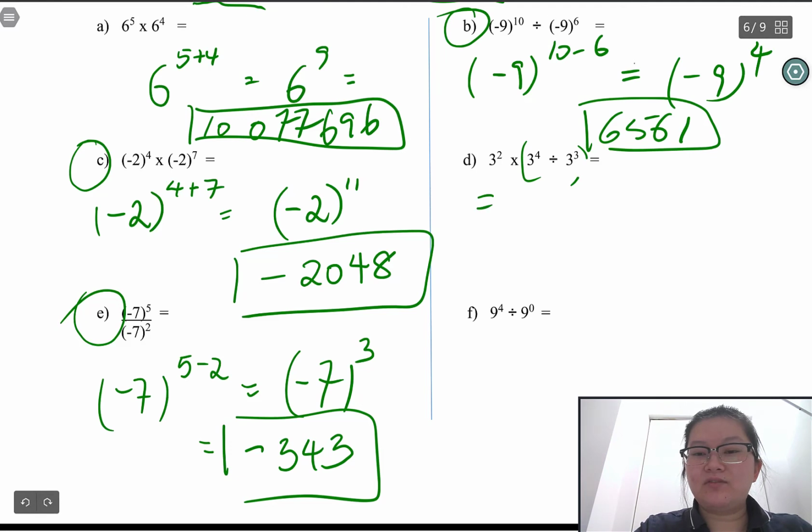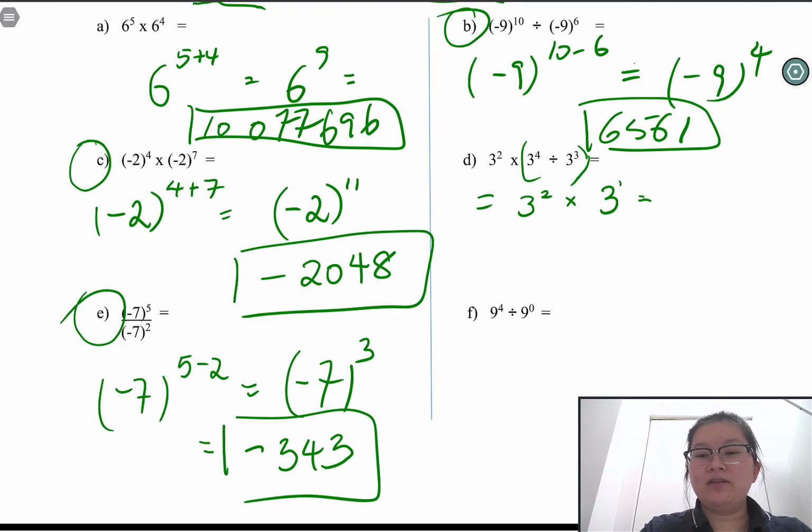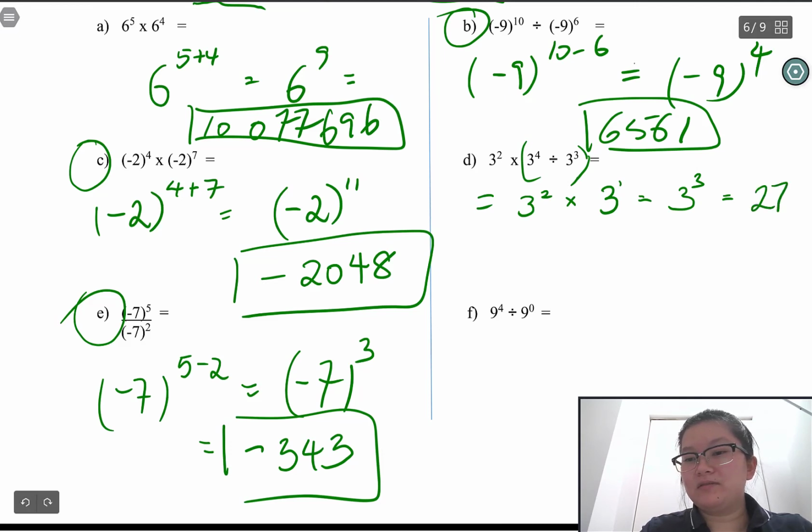So that gives 3 to the power of 2, multiplied by, well, we know 4 minus 3 is equal to 1, so 3 to the power of 1. Then we do multiplication, which gives 2 plus 1, because it's multiplying, 3 to the power of 3. And that's just going to be 27.